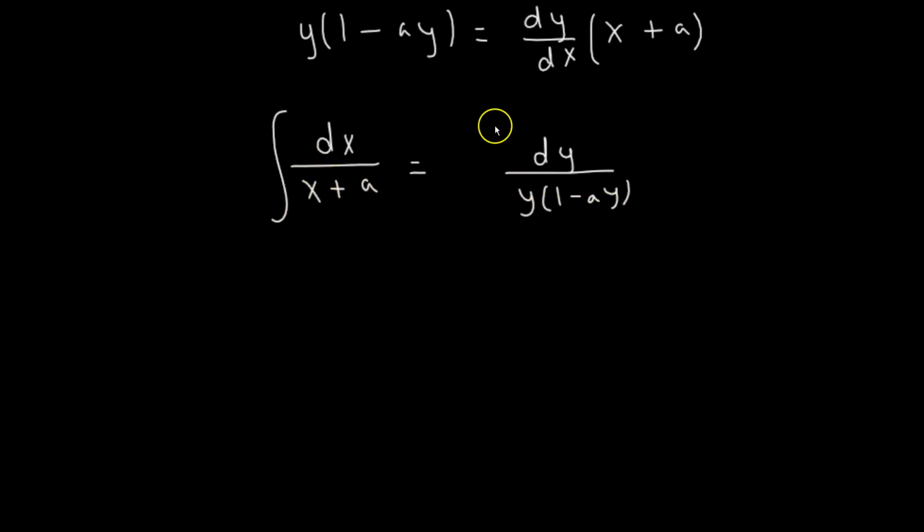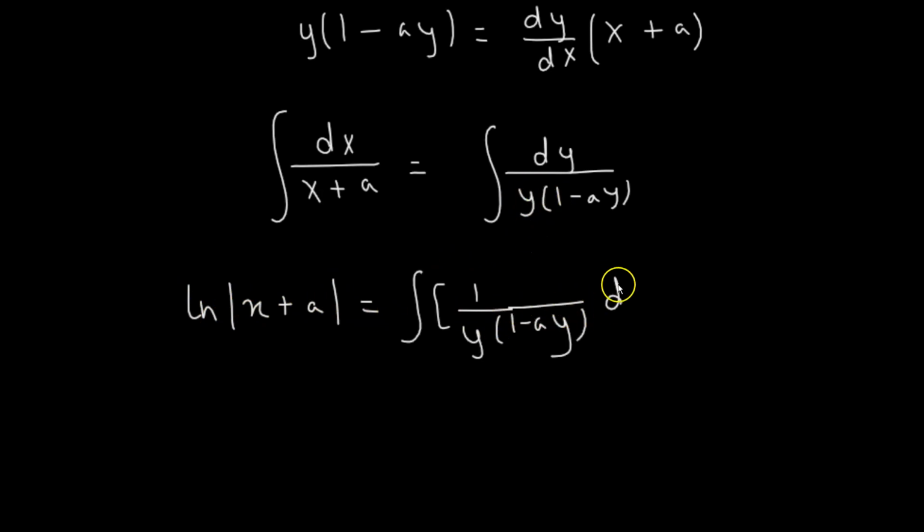So let's integrate both sides. Integration of the first integral on the left hand side will be natural log of x plus a. For the right side, to integrate this, use the method of partial fractions.